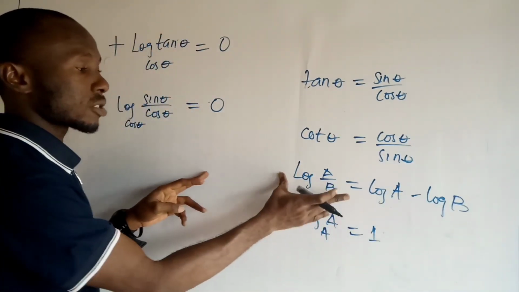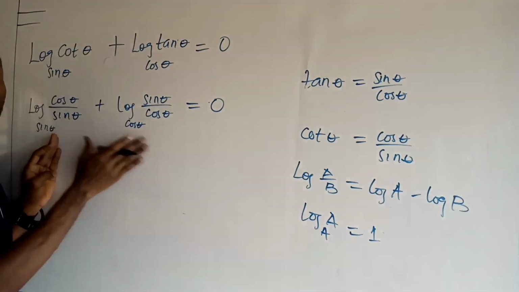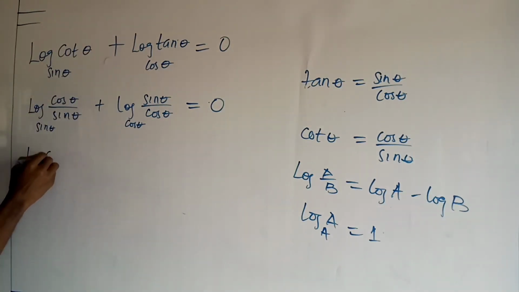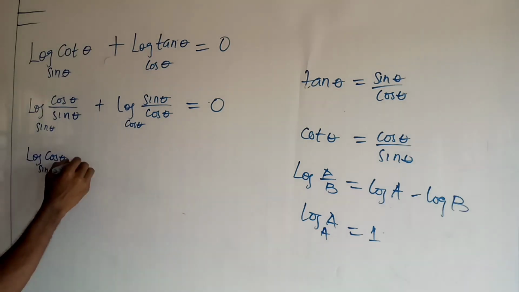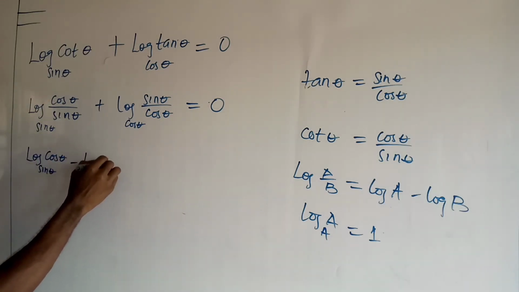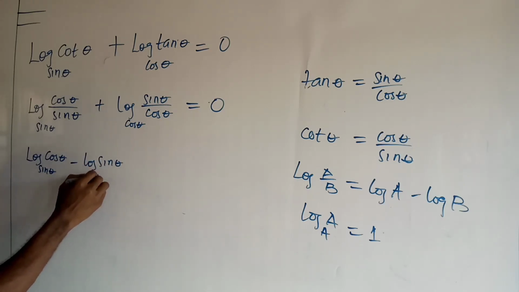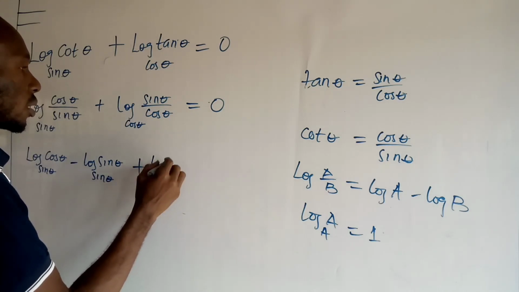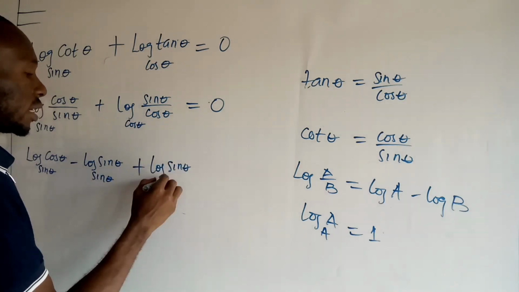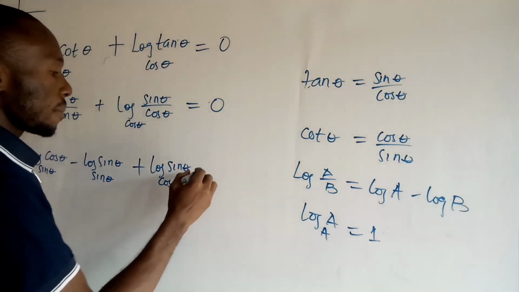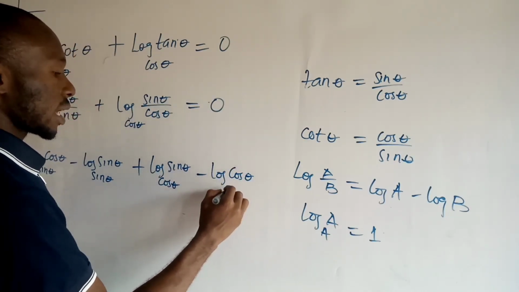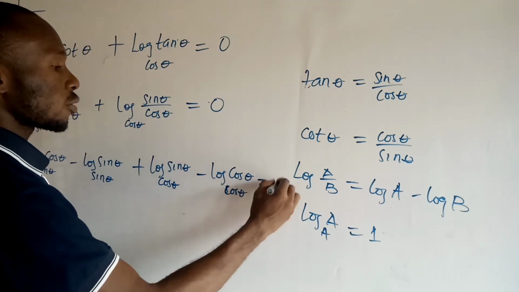So let us apply this law to this logarithmic equation. From here I'm going to have log cos theta base sine theta minus log sine theta base sine theta, plus log sine theta base cos theta minus log cos theta base cos theta, all equal to 0.